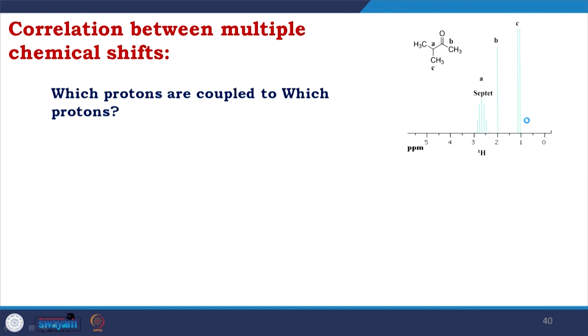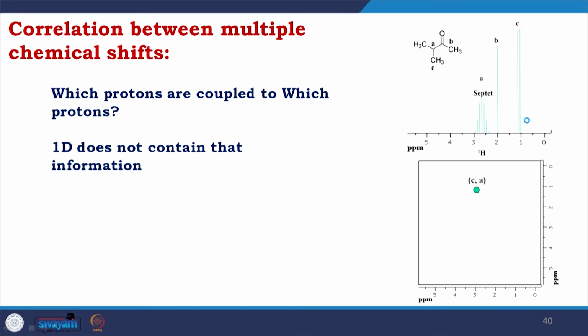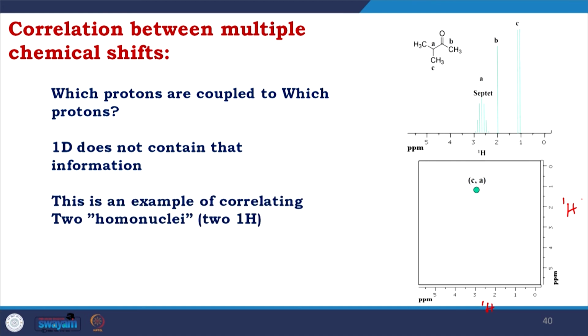Now, if you have this proton, which protons are coupled to other protons? For getting the coupling, 1D NMR would not be good enough, but when you plot 1H versus 1H, you get which are coupled to each other. C and A you will see coupled.